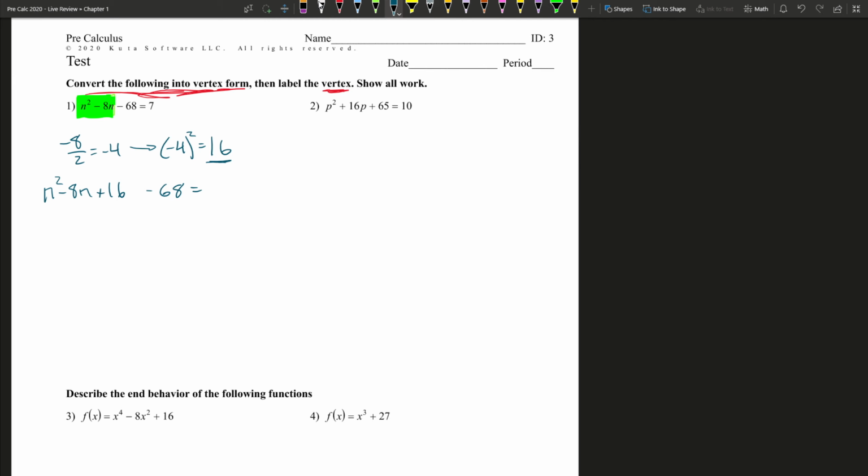And because we add something on the left-hand side of the equal sign, we also have to add it to the right. Then we factor the thing on the left. We get n minus 4 squared.